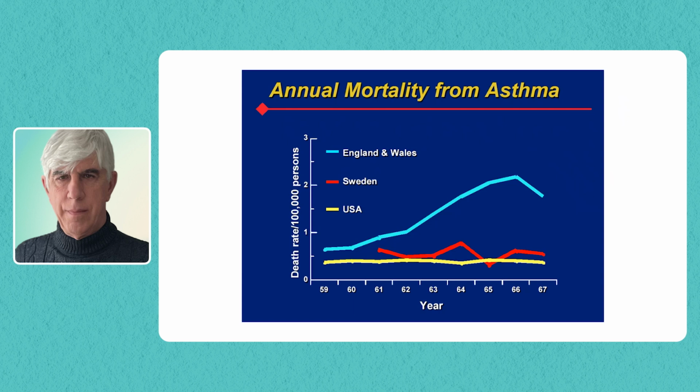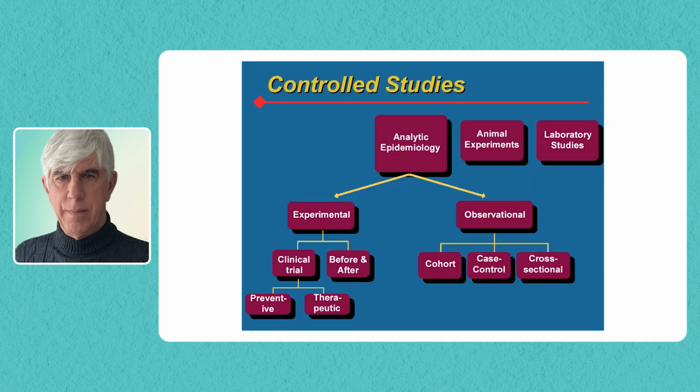So there was a lot of pollution with particulate, and there was an increase in asthma mortality, and that disappeared when the country progressively moved to gas. So just observing the distribution of cases, of diseases, of symptoms, or the trend of symptoms is very, very informative. You can get a lot of information from them.